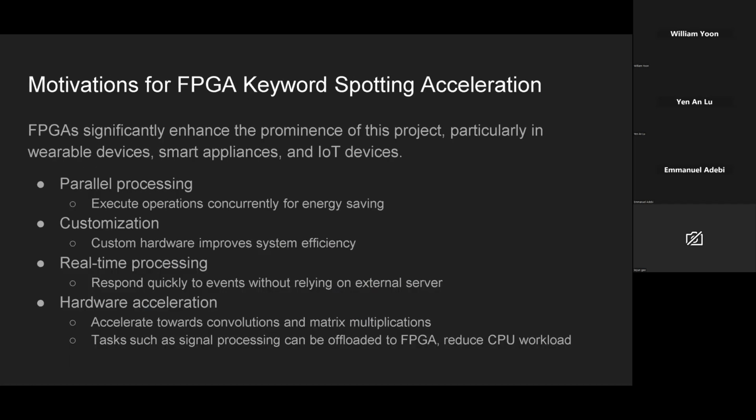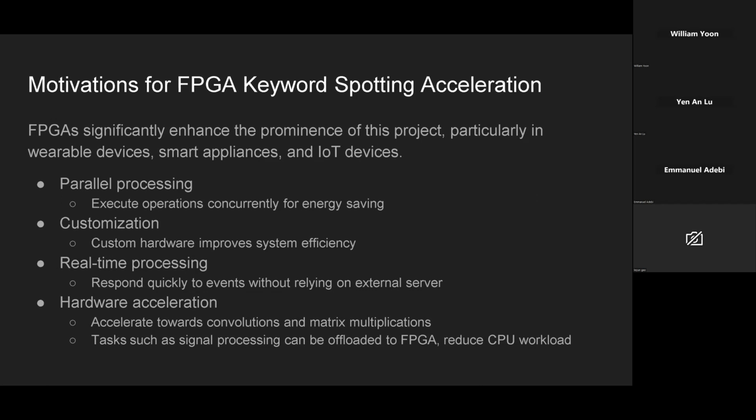There's a wide application of keyword spotting. It is always used in wearable devices and IoT devices, and FPGAs significantly help the implementation of keyword spotting in IoT devices, thanks to their features of parallel processing. It can execute operations concurrently, so it is good for energy saving, and customized hardware also improves system efficiency.